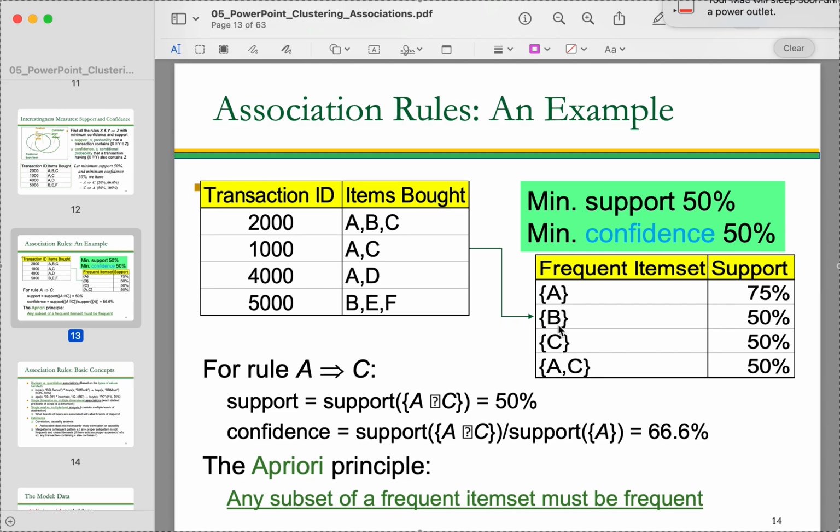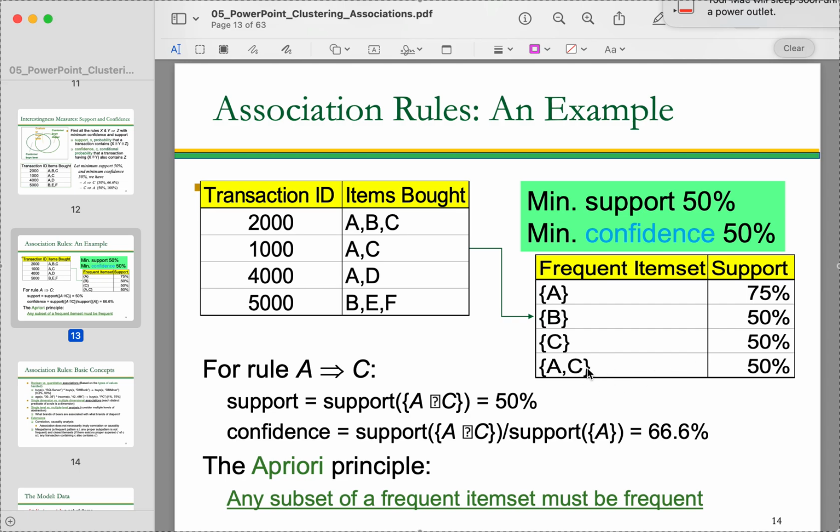For example, A and B together, A and C together, B and C together, by taking all the possible combinations between A, B, and C, which will be AB, AC, and BC. So all of these are going to be recorded here, starting with AC.